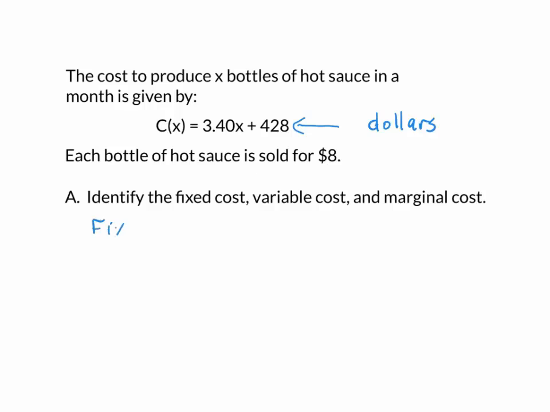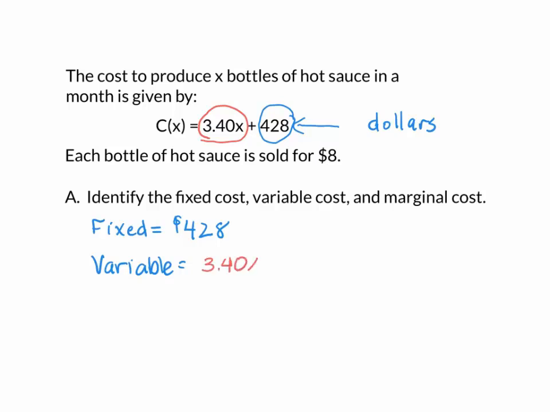So remember our fixed costs. When we look at our formula for our cost function, this is the part that's just the number. So our fixed costs here are $428. Our variable cost is the part of our cost function that includes the variable. So this term here is our variable cost, 3.40x.